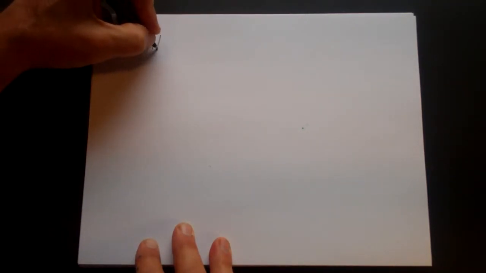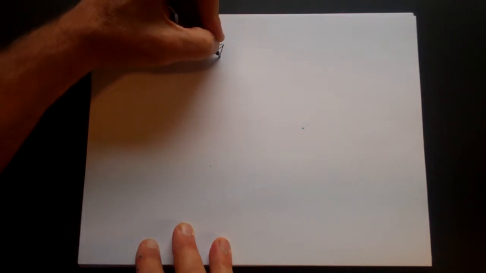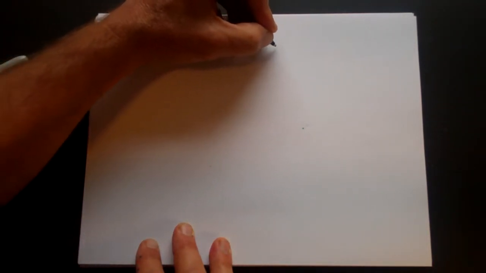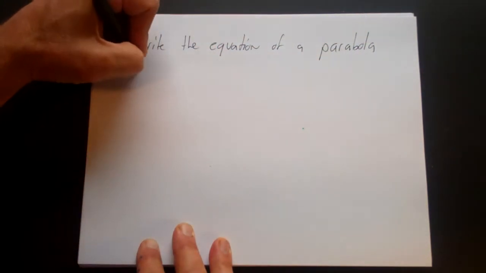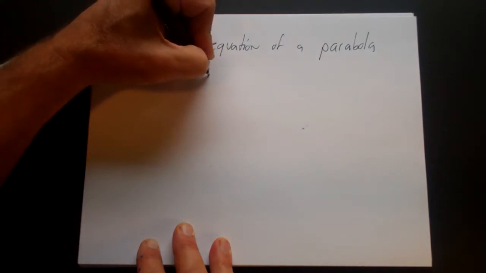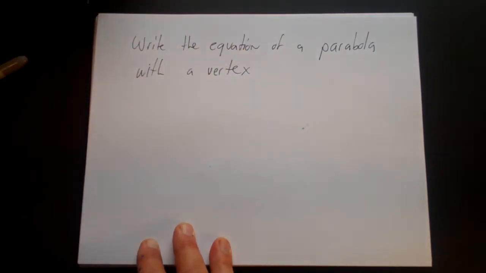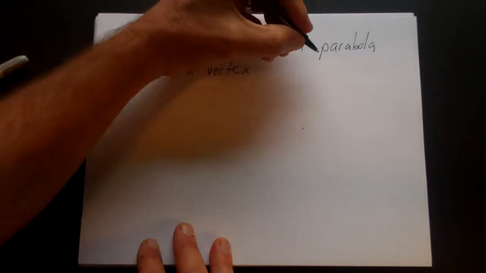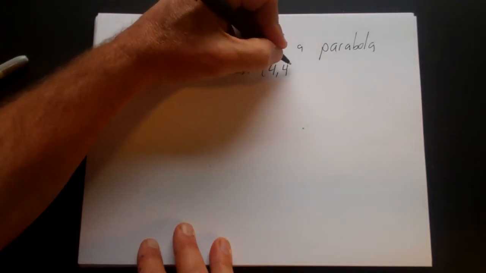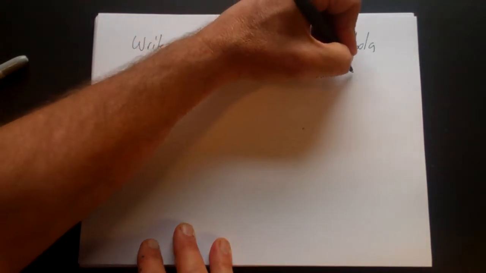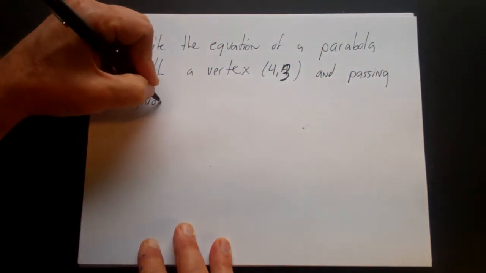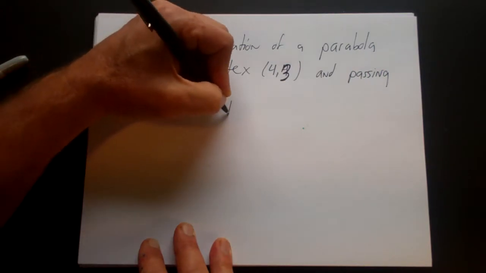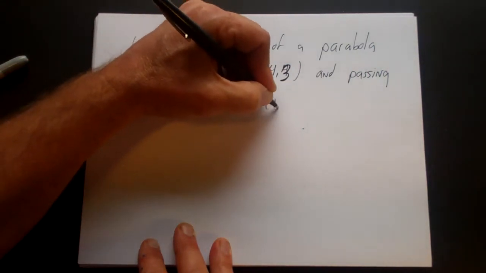So write the equation of a parabola with vertex of (4, 3), and passing through the point (1, 21).